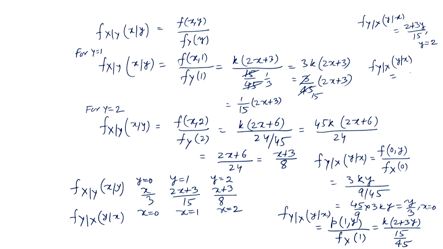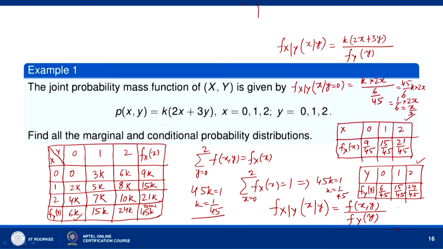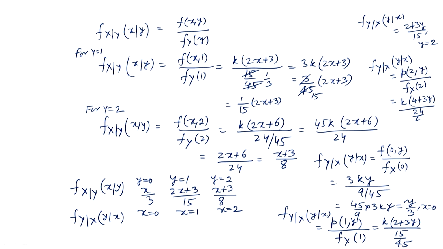Okay. And f y given x can similarly be found for x equal to 2. Okay. x equal to 2. So, p 2 y divided by f x 2, this is equal to k times 2x plus 3y we had. So, 4 plus 3y divided by f x 2, we found to be equal to 24 by 45. Okay. So, 45k will be equal to 1. So, 4 plus 3y divided by 24. Okay.